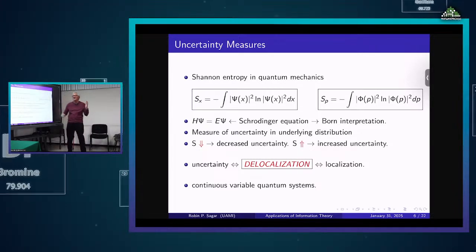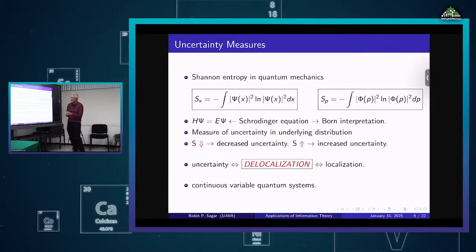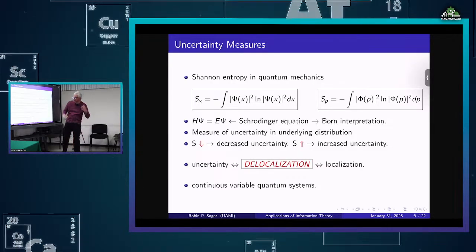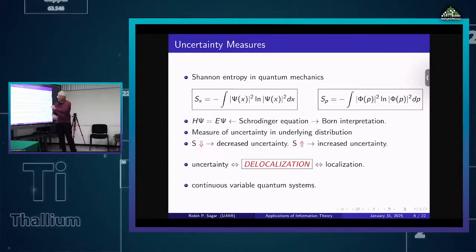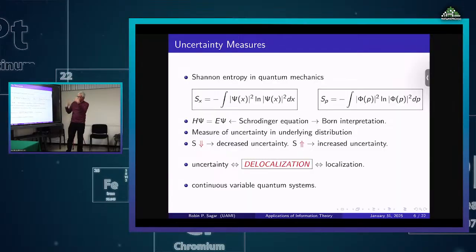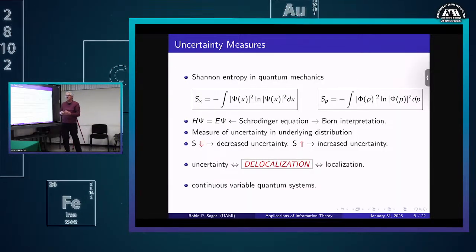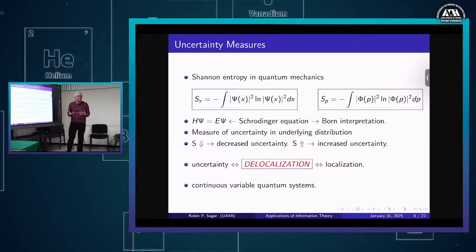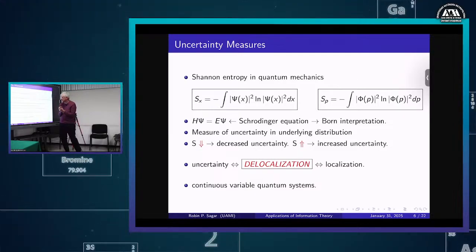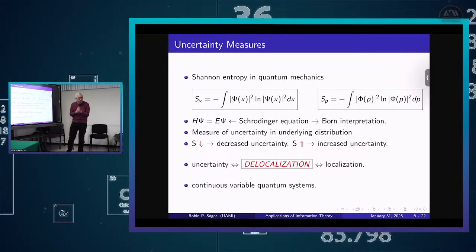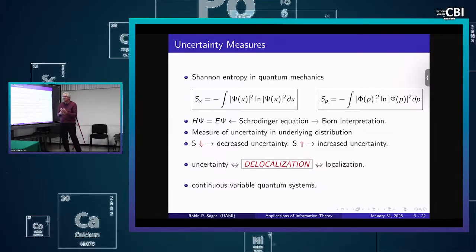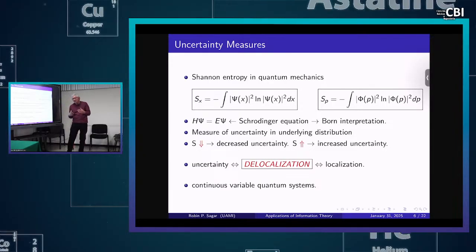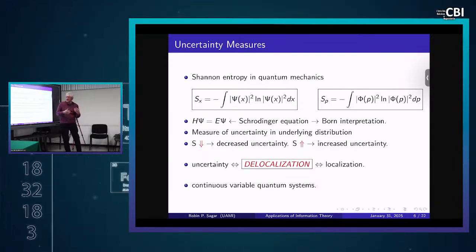The 4 days that we've had, a lot of it has been discussed, and just very briefly, because most people who've spoken said it, right? When the entropy goes down, we're speaking about a decreased uncertainty, and when it increases, we're speaking about an increased uncertainty. Another way of saying increased uncertainty is delocalization, and the reverse is localization.